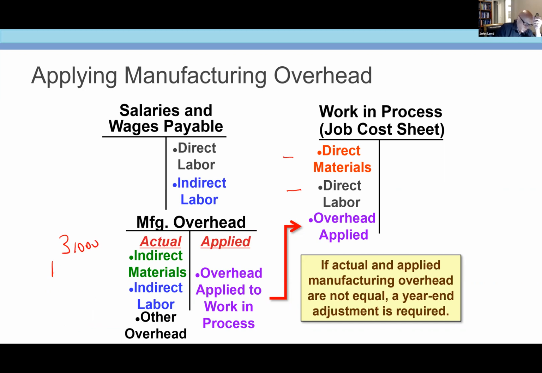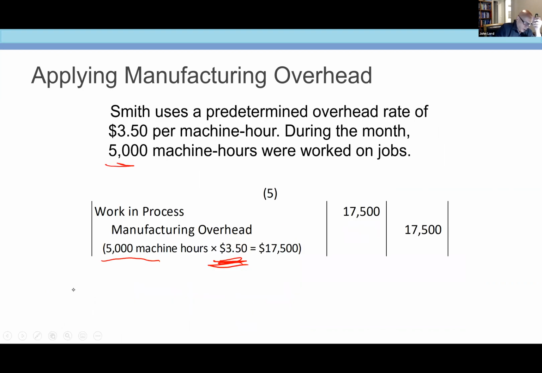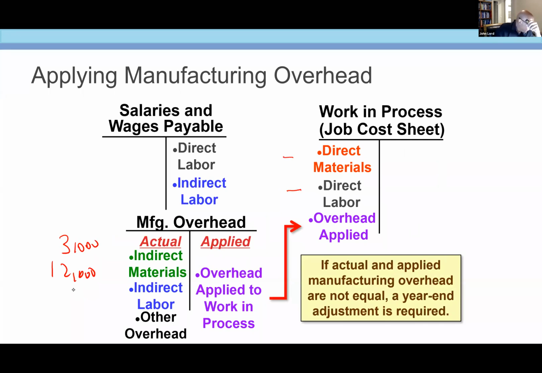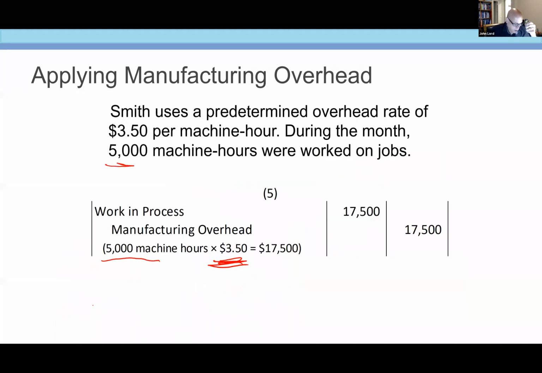3,000, 12,000, 5,000 gives me a total of what? 20,000. And then when they applied it over here, they applied what? 17.5.